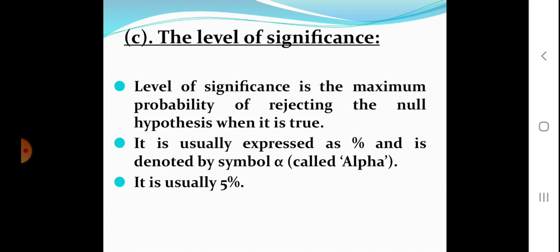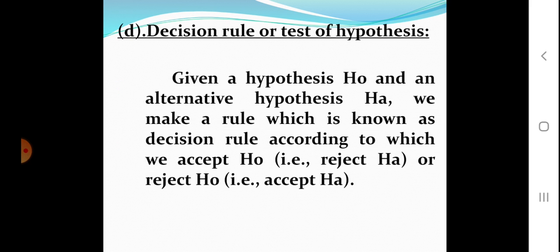Therefore, dear students, the level of significance is the maximum value of probability of rejecting H0 when it is true, and it is usually determined in advance before testing the hypothesis. The next one is the decision rule or test of hypothesis.